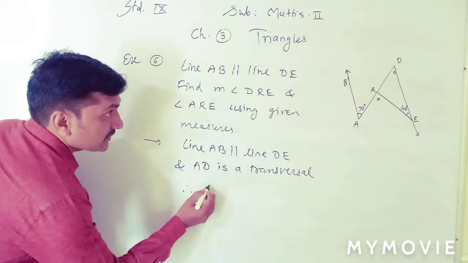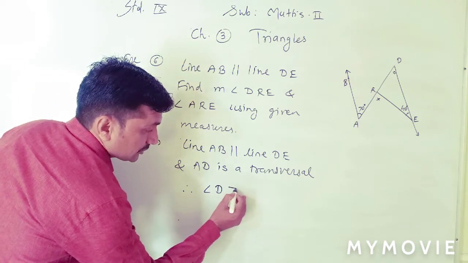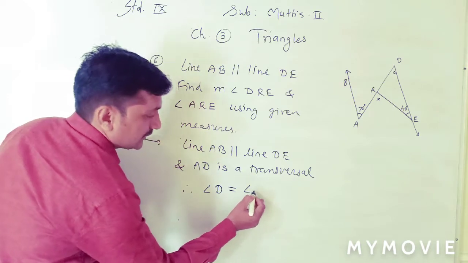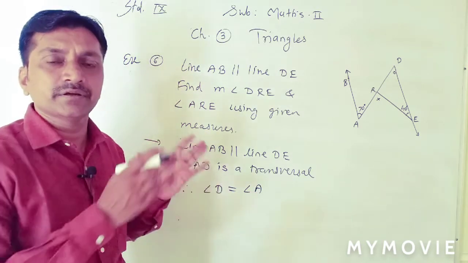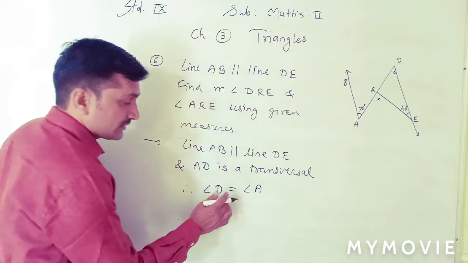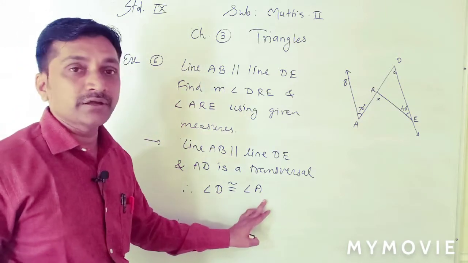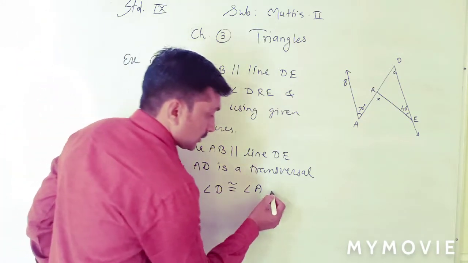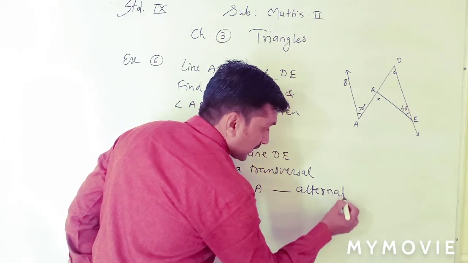Therefore, we can write angle D is equal to angle A. Angles are equal means their measures are equal. Or if you want to write congruent, then angle D is congruent to angle A, because they are alternate angles.